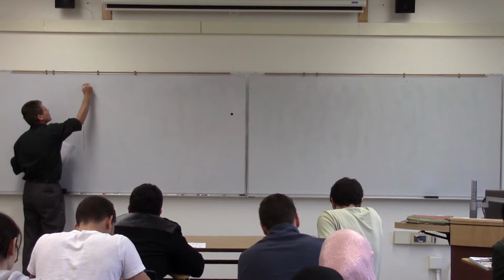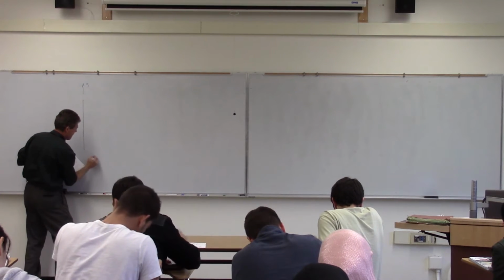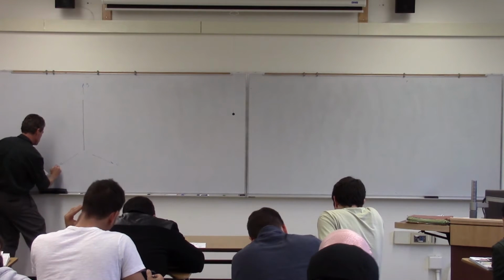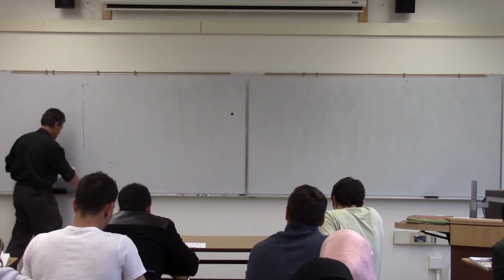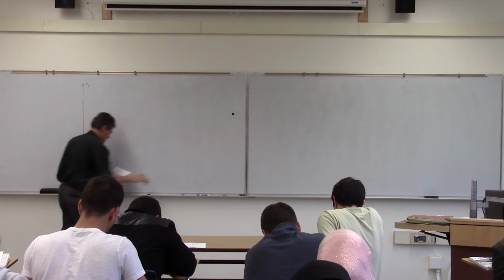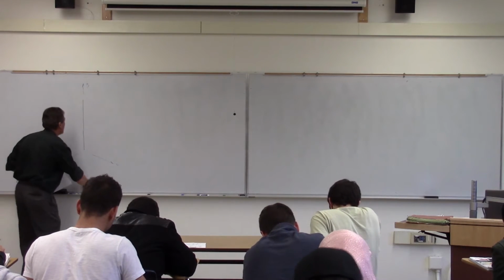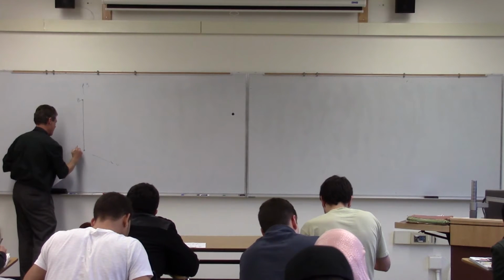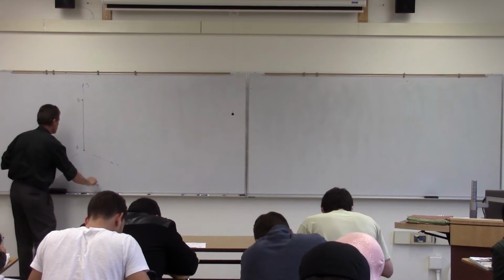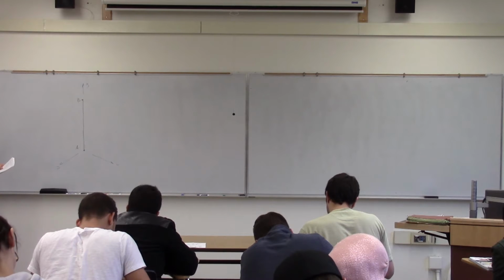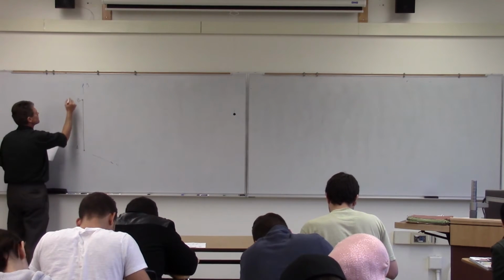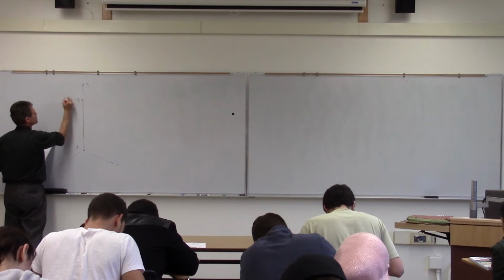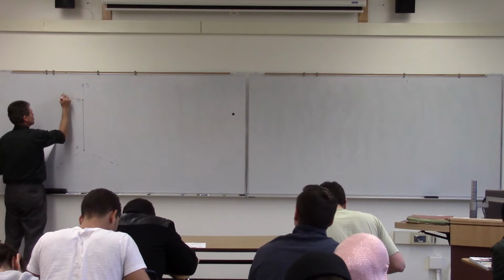Okay, so what we're going to do, I'm going to start off early and put what I think is going to be my coordinate axes. Then I need to start thinking about what my known force is going to be, parallel to the x-axis, although it's acting in the negative sense.